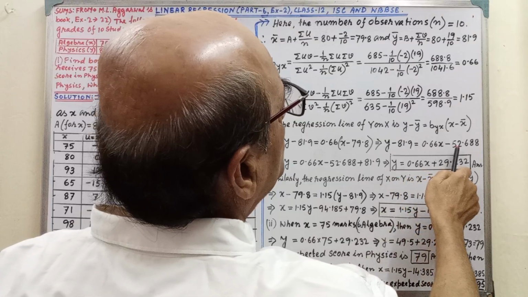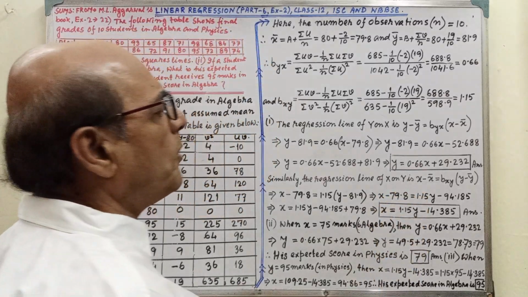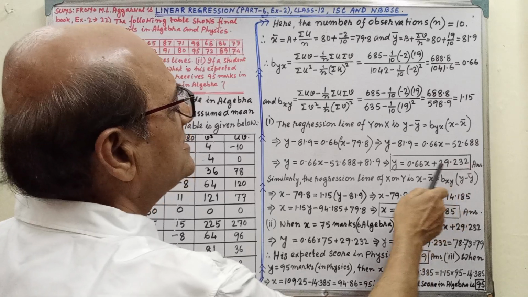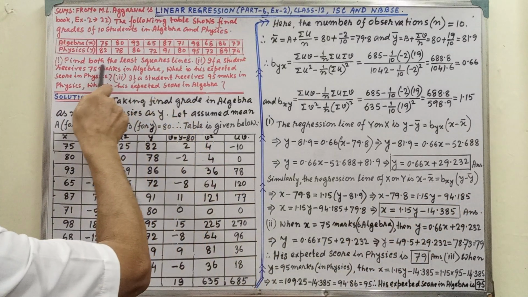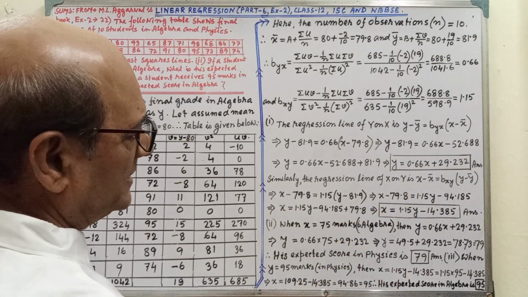Then by simplifying we are getting finally y equal to 0.66x plus 29.293. This is the required least square line. This is the one line we are getting, this is the answer.